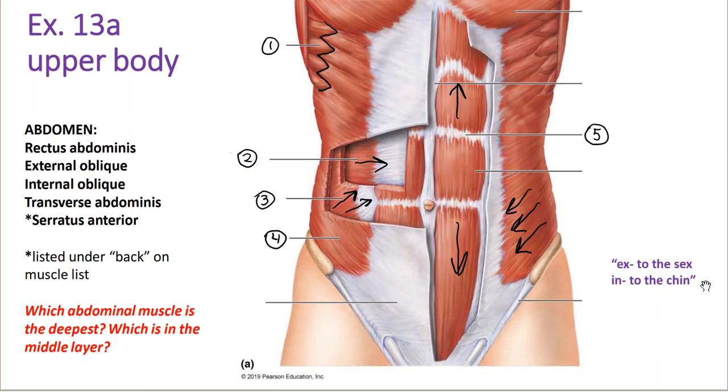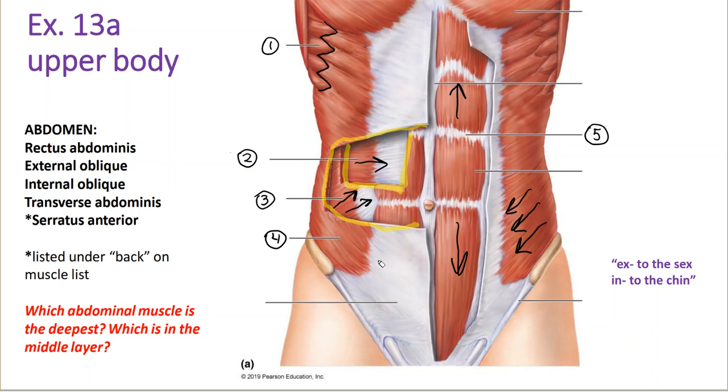And so over here, I show you a little mnemonic, X to the sex, into the chin, external obliques versus internal obliques, something about direction of fibers. And so pay attention to that. And then notice here, hold on a sec, let me get a highlighter. Notice here how these kind of windows are cut out of the tissue. Do you see these windows cut out right there? And so we're going into deeper and deeper layers.